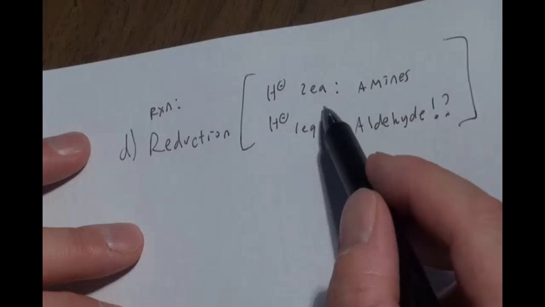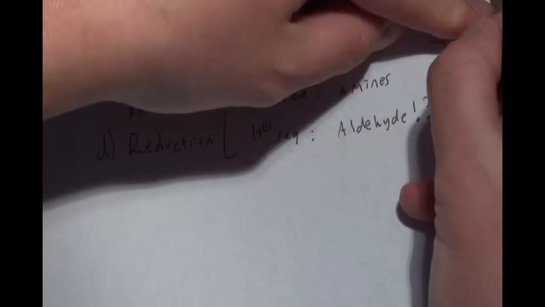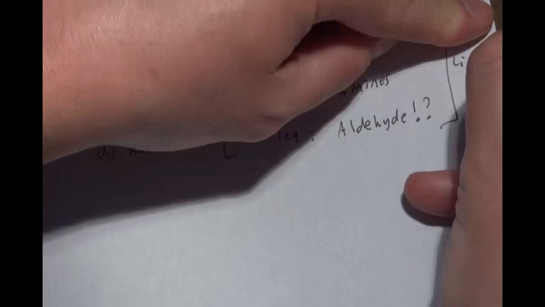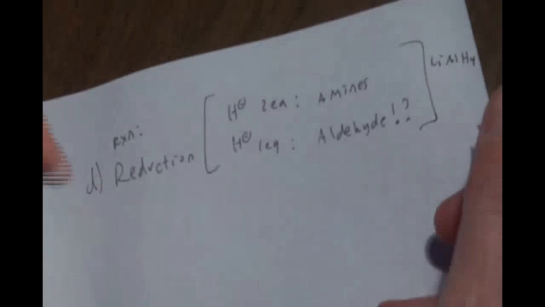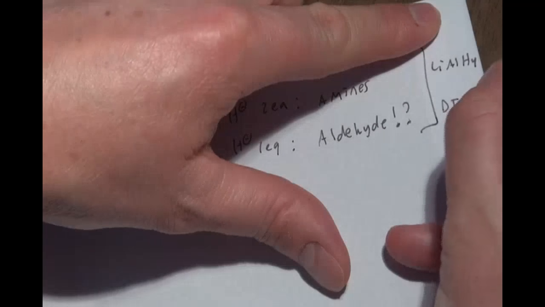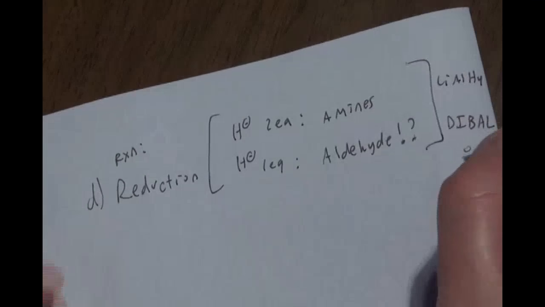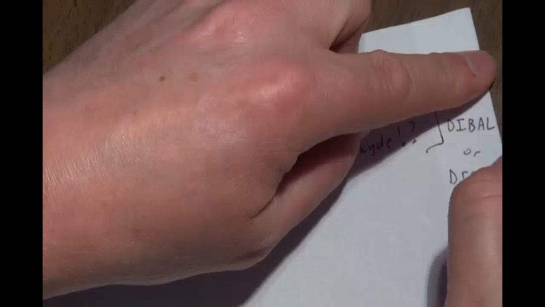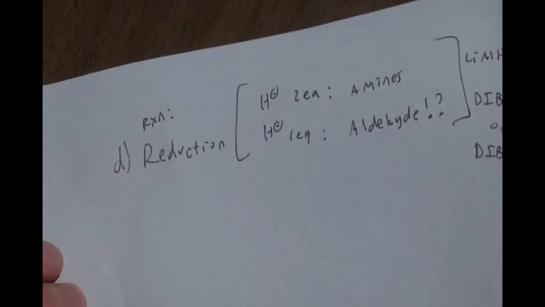So generally, the super strong reducing agent we've seen is lithium aluminum hydride. Lithium aluminum hydride. For 1 equivalent, we've seen a couple, but the main one recently is DIBAL. So DIBAL or DIBAH is the 1 equivalent reducing agent.